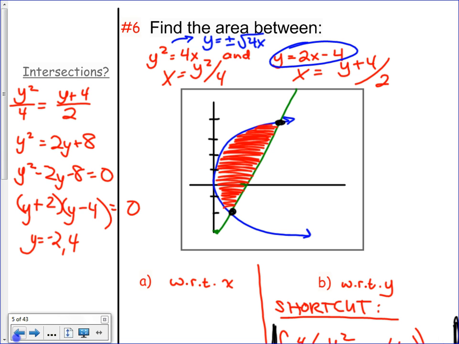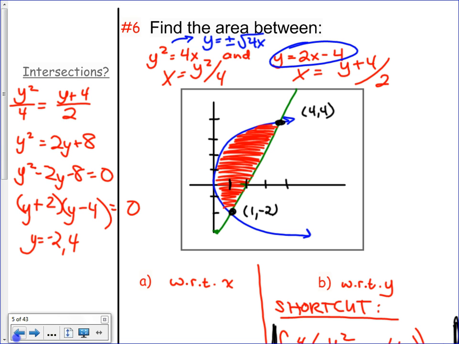Where am I plugging this into? Let's put it here. -2 squared would be 4, 4 divided by 4, x would be 1. Okay, x is 1, so I have (1, -2). And then if I plug in 4, 4 squared is 16, 16 divided by 4 is 4, so (4, 4).